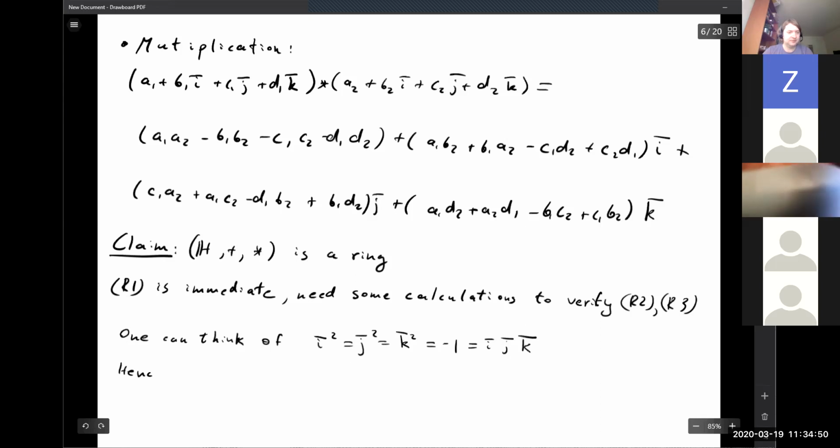So if we look at the multiplication of i and j, then we will get k. However, if we multiply them in a different order, j, i, we will get minus k. So from here, it follows that H is a non-commutative ring.